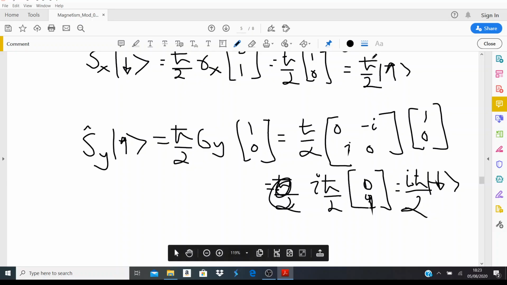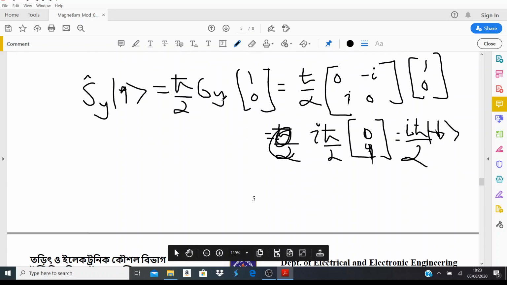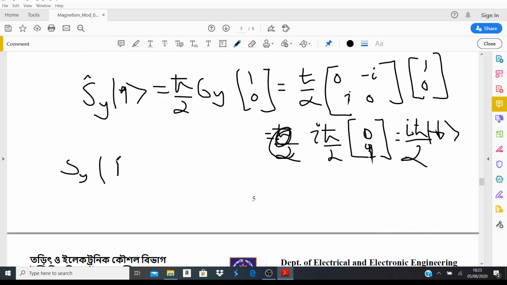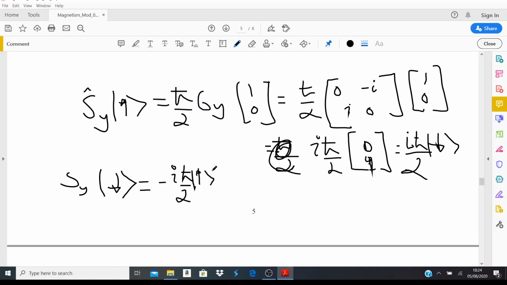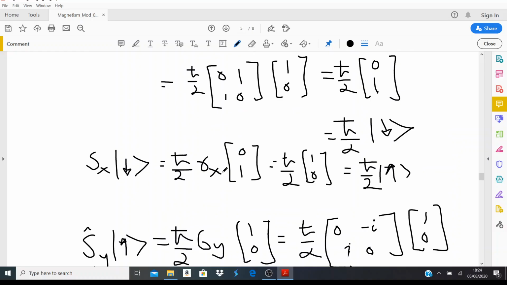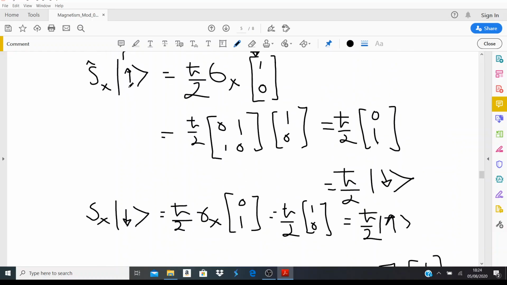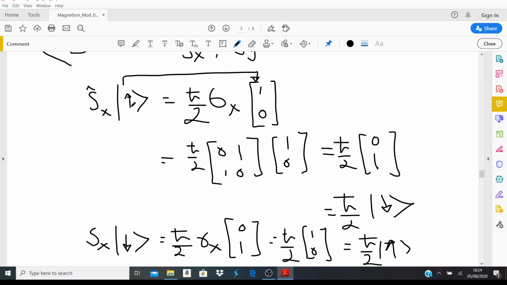Similarly, you may want to know what Sy will do when operating on the down state. Let me give you the answer, and you should convince yourself that this is nothing but minus iħ/2 spin up. So the punchline is that these Sx and Sy operators can flip the spins, right? And these spins are pointing along the z direction, because this is pointing up.